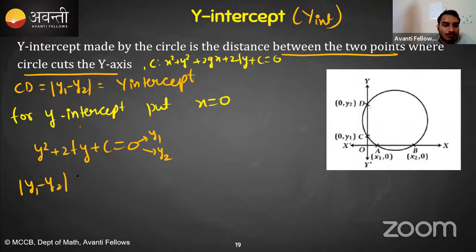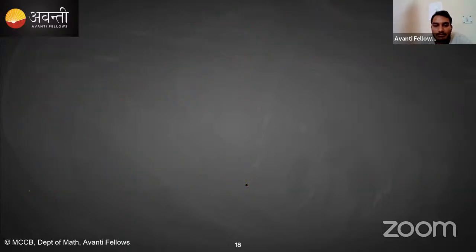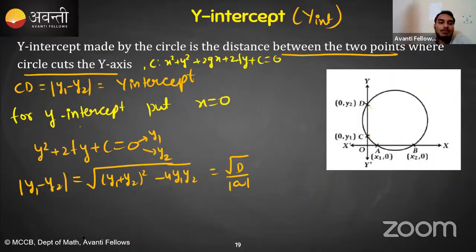Again the same way, y1 plus y2 whole square minus 4 y1 y2, which is root d upon mod a. Many times even I forgot this, but it is mod a. Root d by mod a.